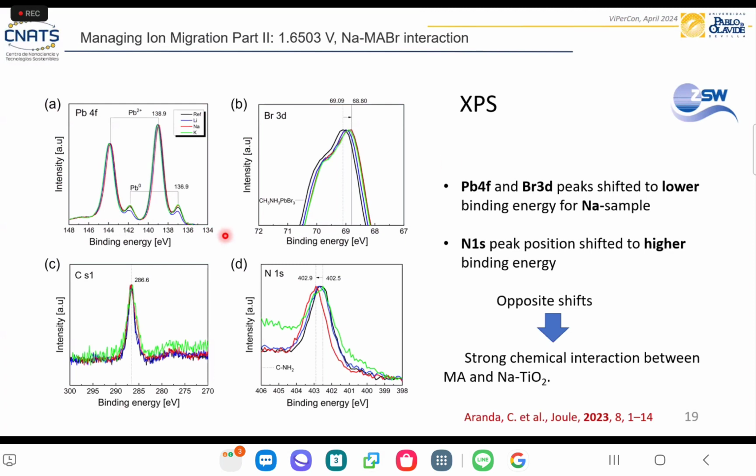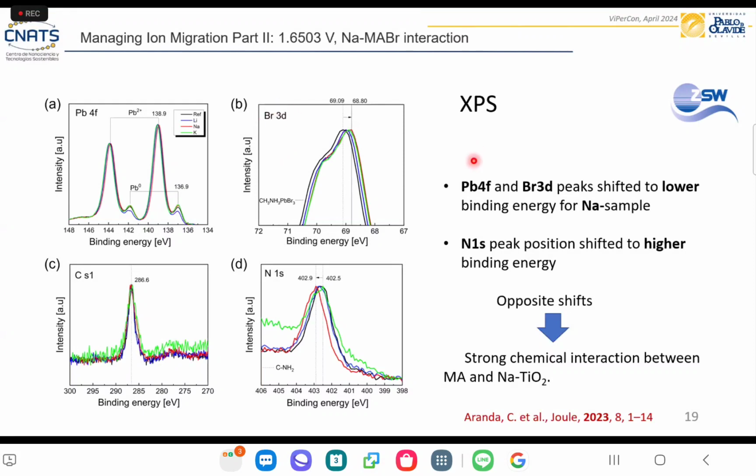We jump into our next experiment just to be sure. We performed XPS. And if you see here, the lead and the carbon spectra are almost the same for the 4 samples: reference, lithium, sodium, and potassium. But if we pay attention to the bromide spectra and nitrogen spectra, there are huge differences.